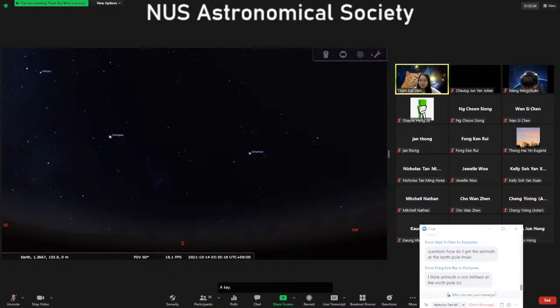Okay, so now let's try altitude and azimuth, which should be slightly easier, and see how it differs from right ascension and declination.